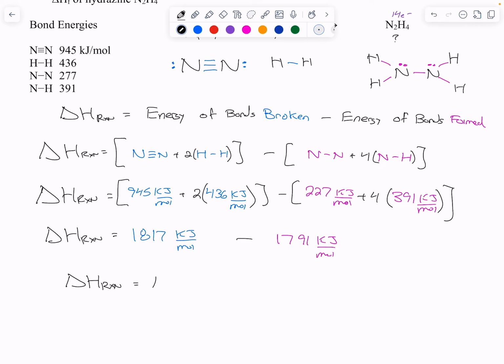So delta H of the reaction, which is the same thing as delta H F of N2H4, we should get 1817 minus 1791. Oh, I think I made a mistake.